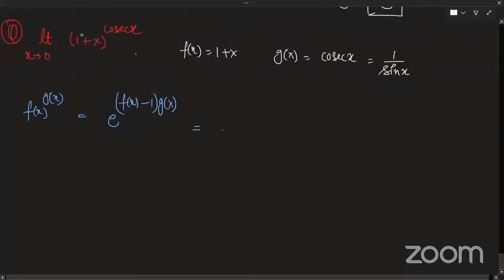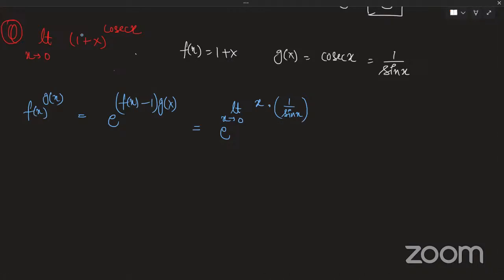So e raised to the limit as x tends to 0 of f of x minus 1. What is f of x minus 1? It is x. Okay, great. Into 1 by sine x. So x by sine x. What is the value? Anyone? Okay, I guess you are not able to.